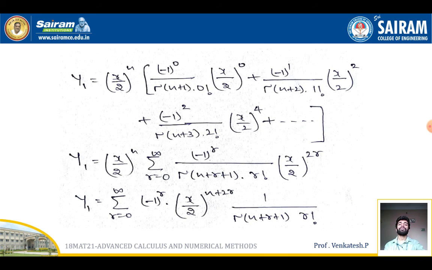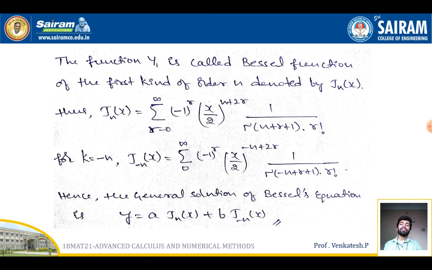Now the function y1 is called Bessel function of the first kind of order n, and it is denoted by Jn of x. Thus Jn of x is given by summation r from 0 to infinity minus 1 power r x by 2 whole power n plus 2r by gamma of n plus r plus 1 into r factorial.